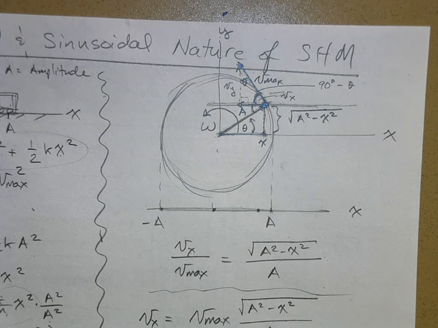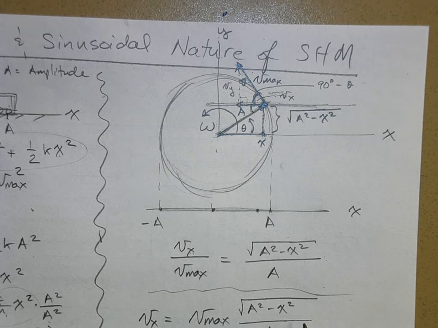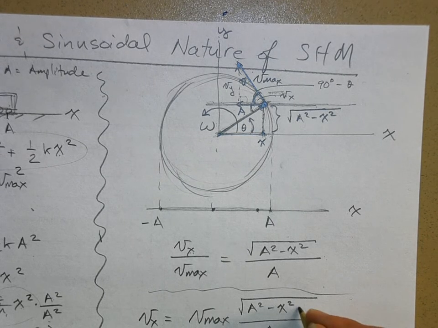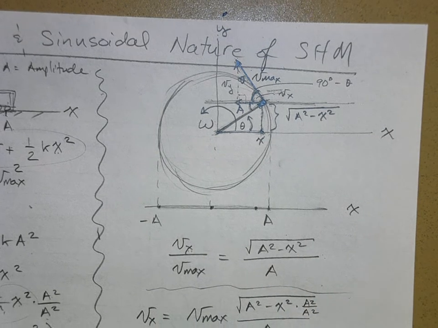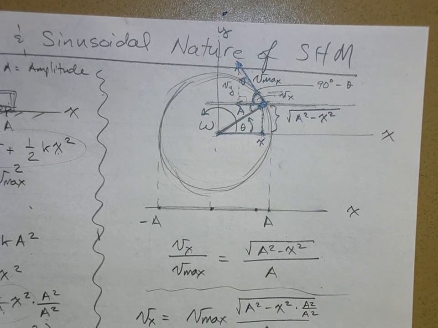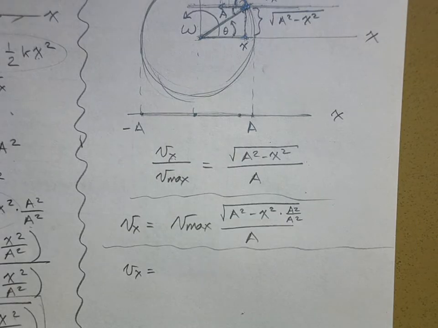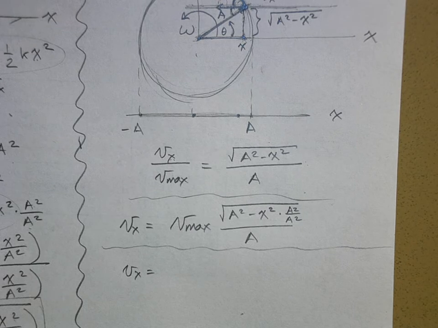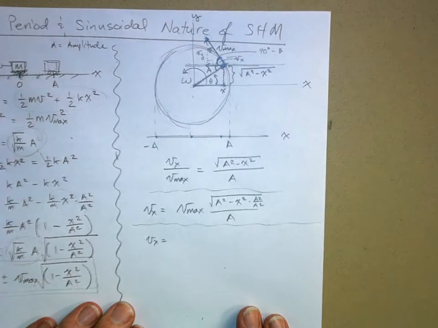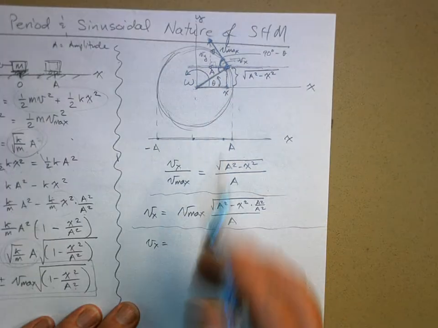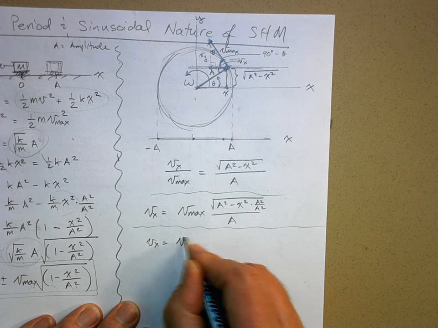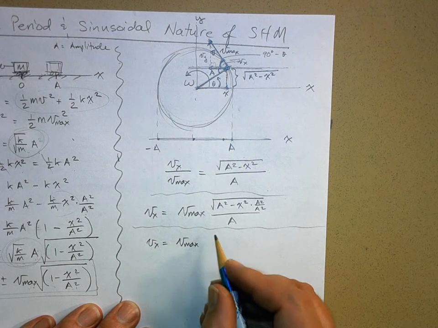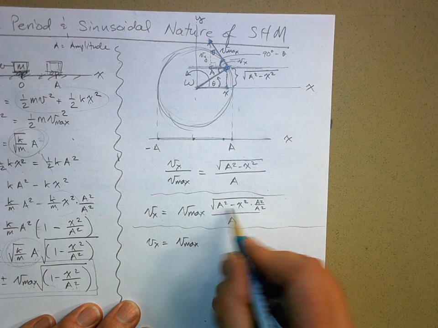But now watch what I'm going to do. I'm going to do the same trick I did before. I'm going to take this x squared and multiply by a squared divided by a squared. Then something almost magical happens. So the velocity in the x direction here is equal to our maximum velocity. Well, I can factor out an a squared now.